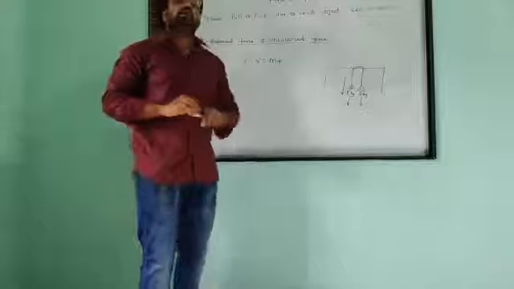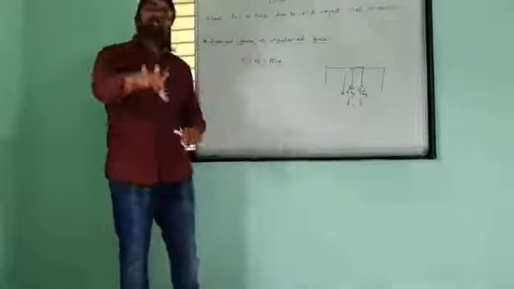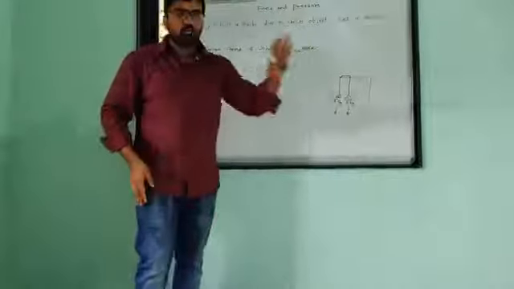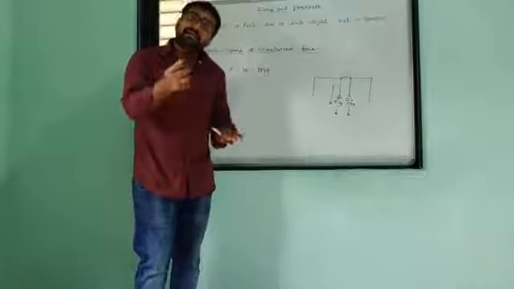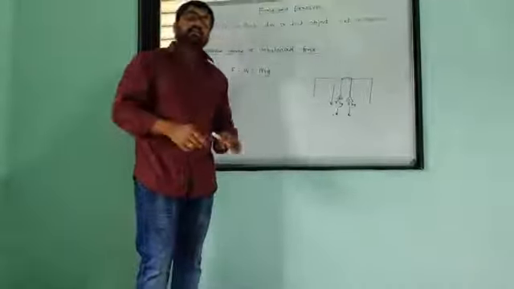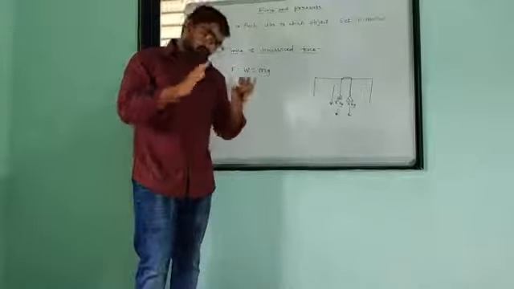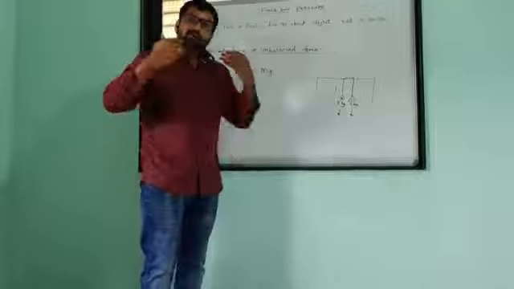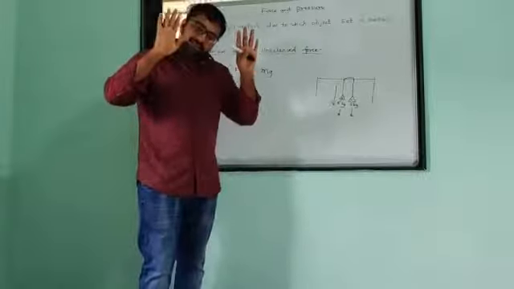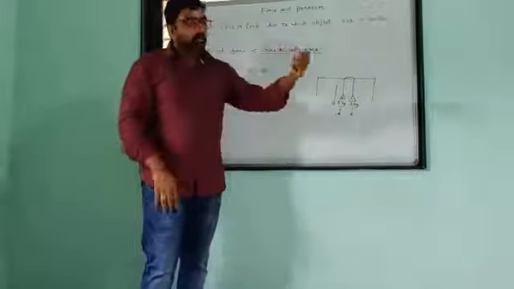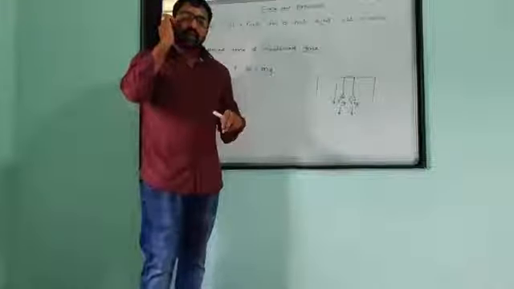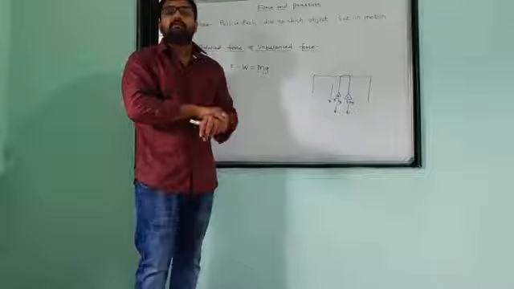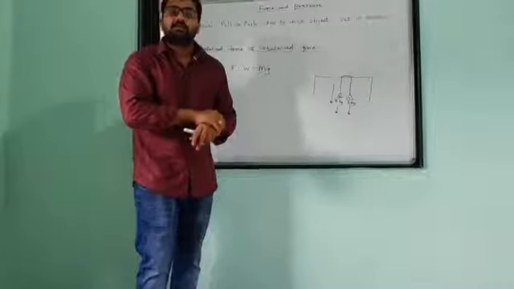So Newton's first law tells us that every body continues in its state of rest or state of motion unless it is acted upon by some external unbalanced force. If an object is stationary or in motion, it will remain continuous in its state, whether it is at rest or in motion, up to the position when we do not apply some external unbalanced force.